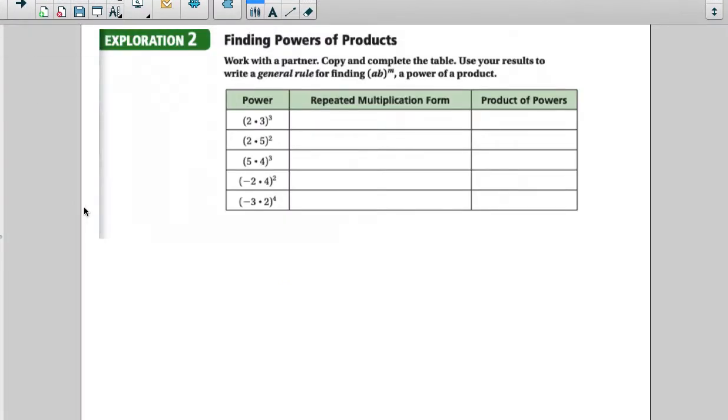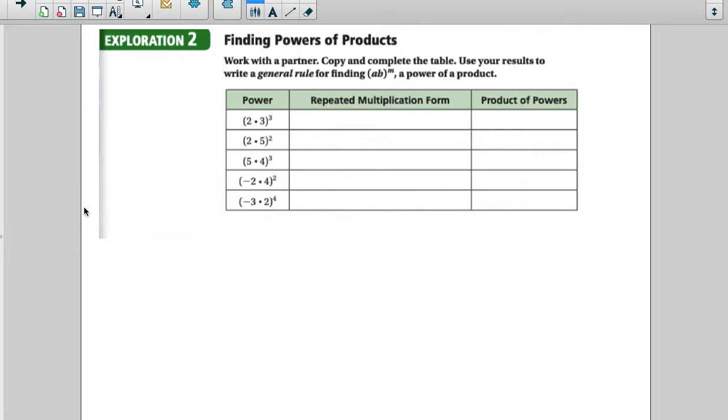Now you notice there's a difference between what we did in Exploration 1, where we had like bases and we created a rule for how we can find a product of two powers with the same base, and then we created a second rule for finding a power raised to a power.